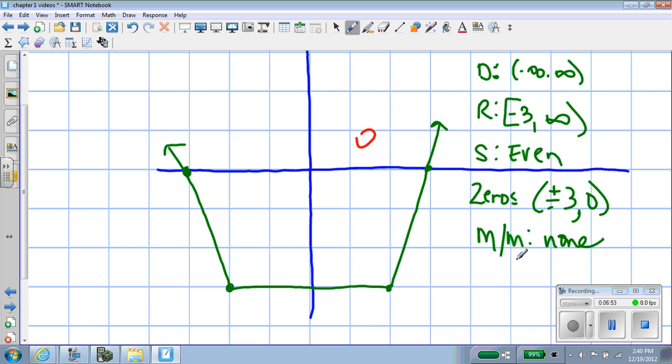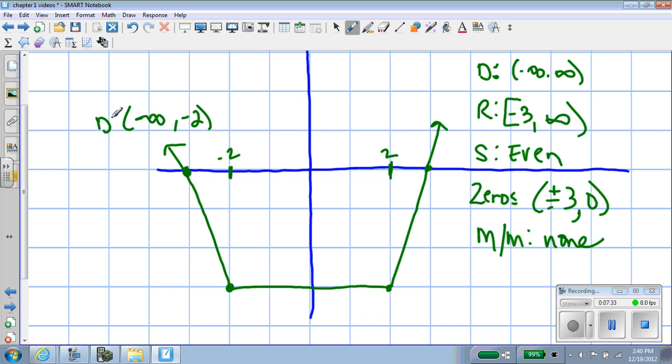And then the intervals where it is increasing, decreasing, and constant. Okay, so in order to do that, I may need my little guy, imagine him walking along, right? Here there's a change. He's walking along, walking along. Here there's a change. Okay, so this is -2, and this is 2. So we would say that from -infinity to -2, they're going down.